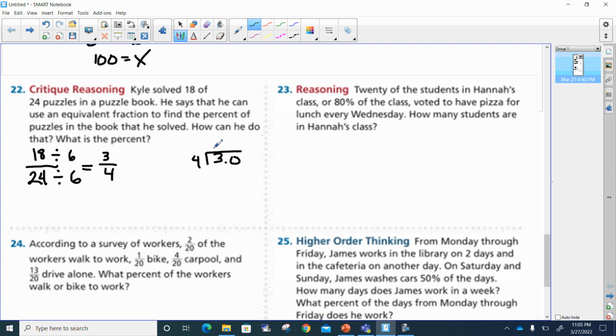That's going to go into it. 4 times 7 is 28, right? 2 left over, so when I put the 0 here, 4 goes into it 5 times, and that's 0.75. When I move that decimal over 2 spaces, it turns to 75%.